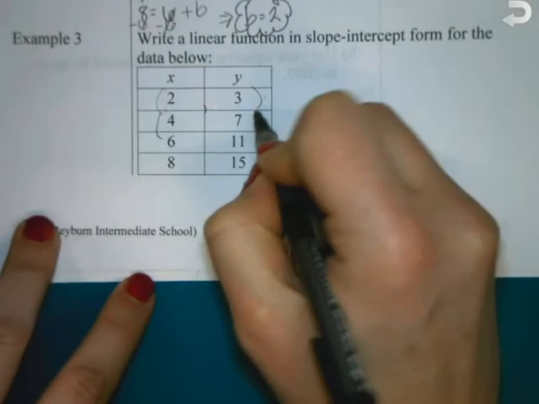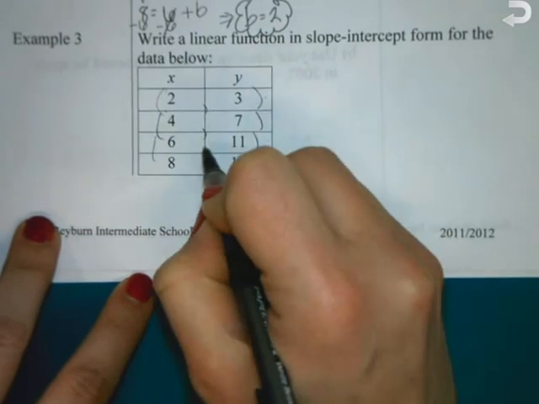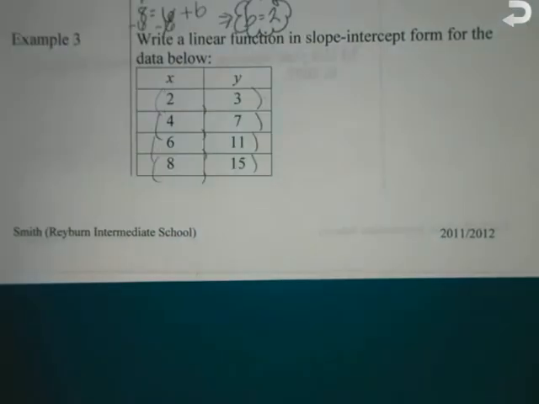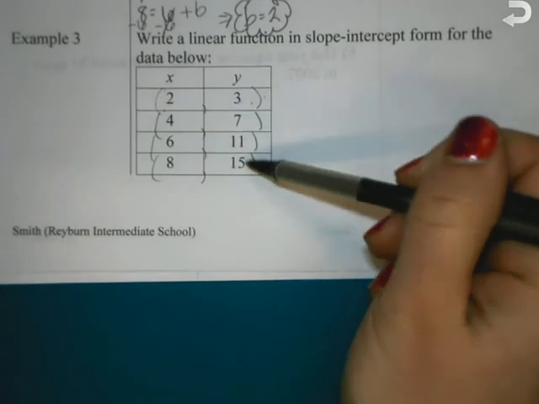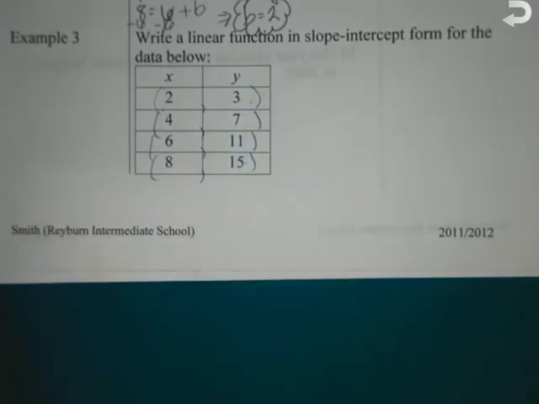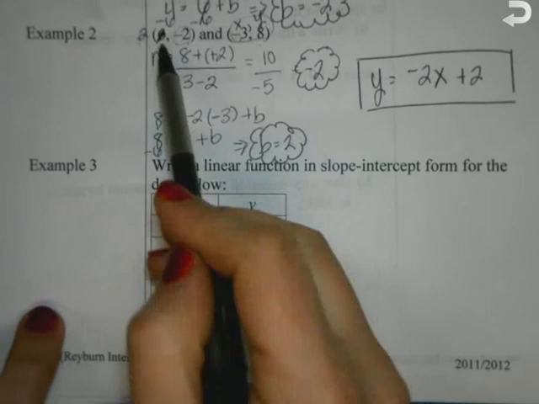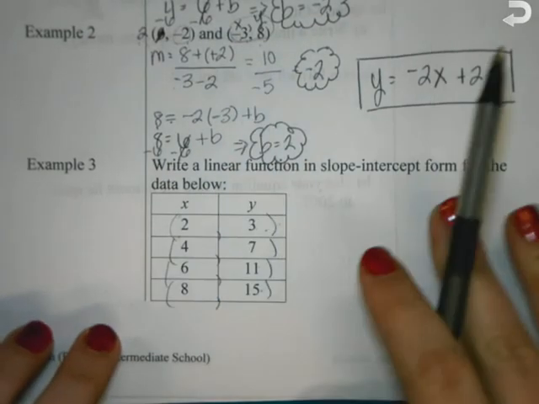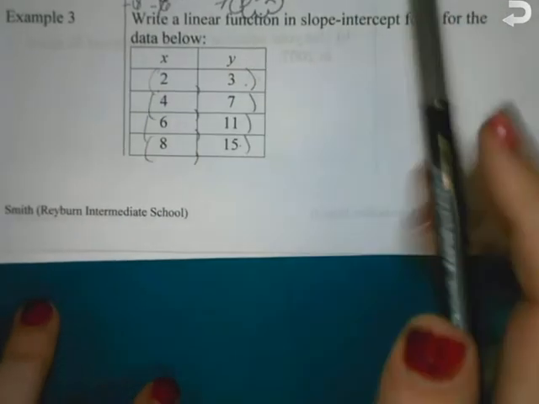Now this might look intimidating because they give us 4 different points. But how many do we really need for each of the problems? Just 2, right? In examples 1 and 2, we just used 2 points. So even though they give us 4 points, we only need to pick 2 of them.